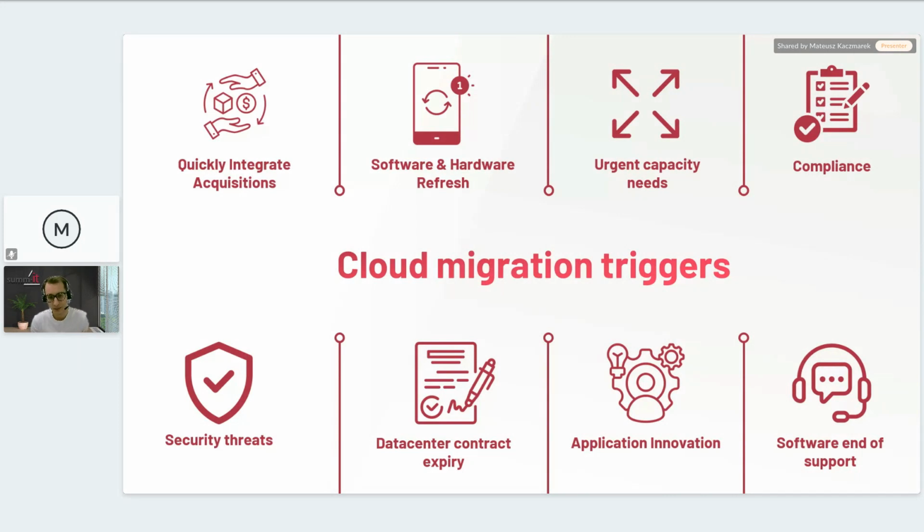And the last one might be software end of support. When key software reaches the end of its support, keeping it running becomes risky and expensive. So migrating to the cloud allows organizations to switch to supported versions and cloud-native options, reducing risk and ensuring that it's still up to date.